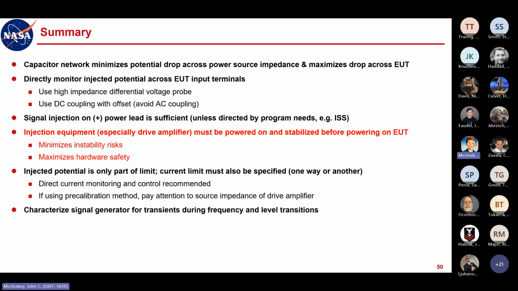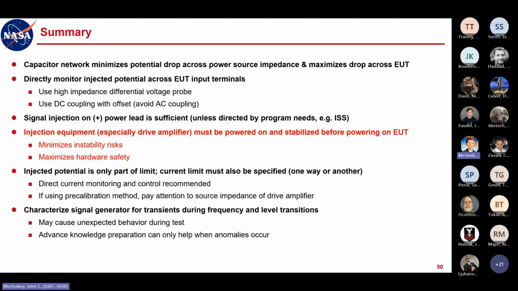And you want to characterize your signal generator for transients during those frequency and level transitions. That may cause unexpected behavior during test. And advanced preparation, that's a very awkwardly worded phrase there, my apologies, but advanced preparation can only help when anomalies occur.